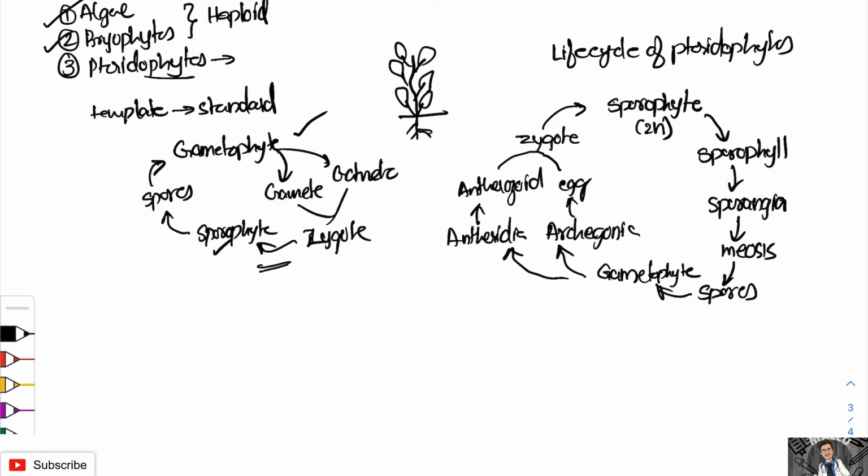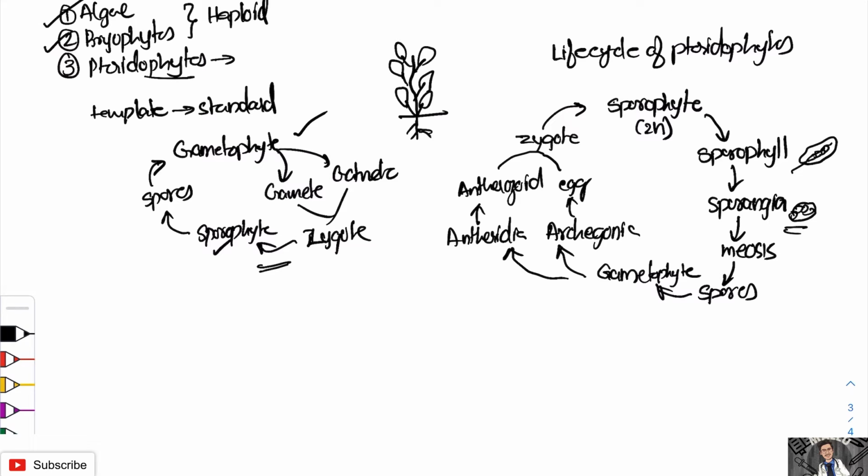The sporangia-bearing leaves are known as sporophylls, and within the sporophyll you will have multiple sporangia. Sporangia are sacs that undergo meiosis to produce the spores. Are you getting it?